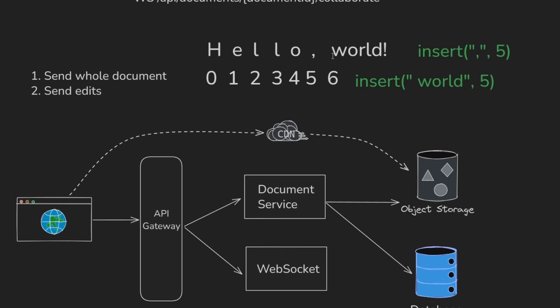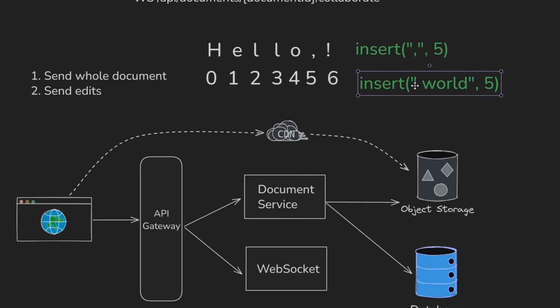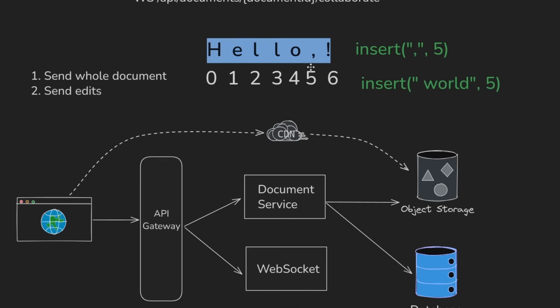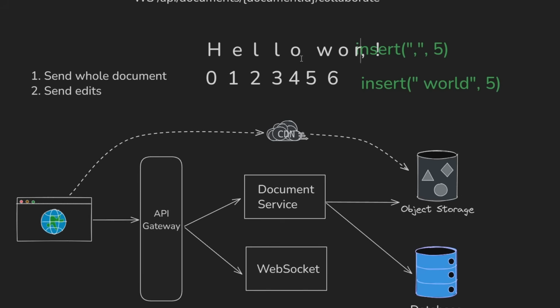Do you see the problem here? Even though this insert happened at position 5, now position 5 is different. We're going to basically insert this string here in between this and this. So here at position 5, that string is going to be placed. It's going to be space, and it's going to be world. I'm not going to draw all the indexes below, but you can see it kind of got messed up. This is the conflict.